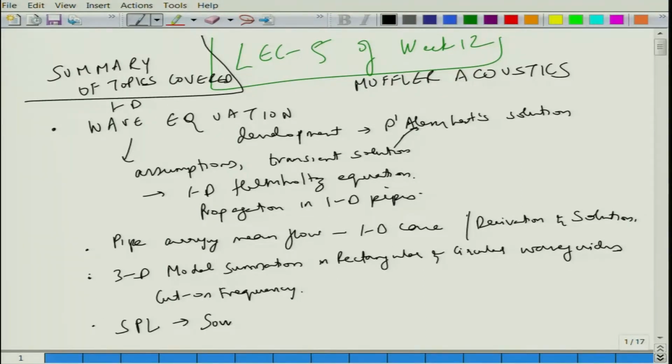SPL, sound pressure level, the concept of that, and the intensity level and sound power level is also something that we did. And then we did acoustic impedance.